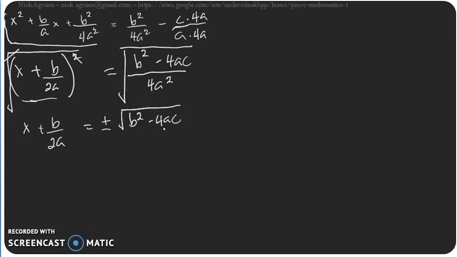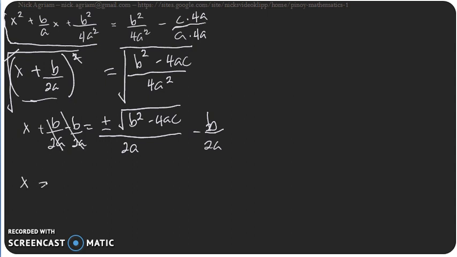It's not exact, but the denominator will be exact: we have 2a. So if we subtract b divided by 2a from both sides of the equation, this one now is 0.